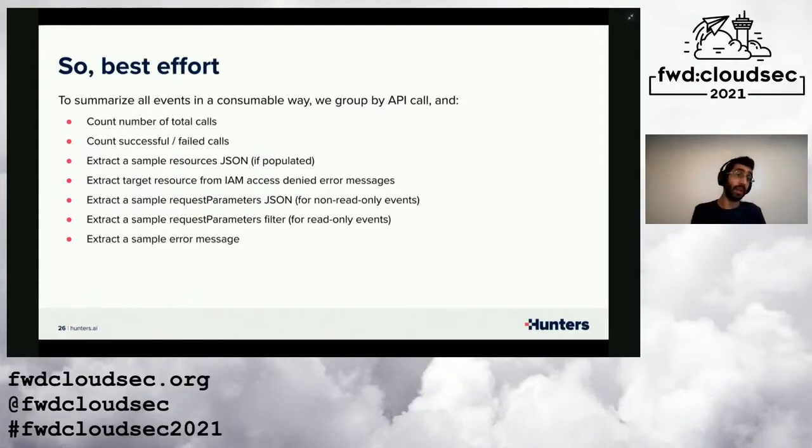And when not, we can use the request parameters JSON as well, to see if maybe there we can find a reference to the target resource that helps us get the context of what happened. We also specifically extract the filter set parameter that I mentioned earlier for resource searching events. And finally, we extract the sample error message to see if there were errors in general.